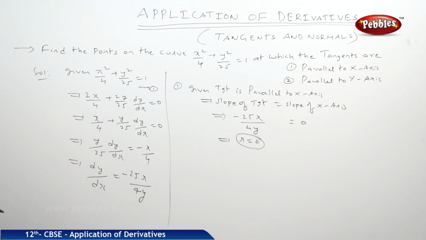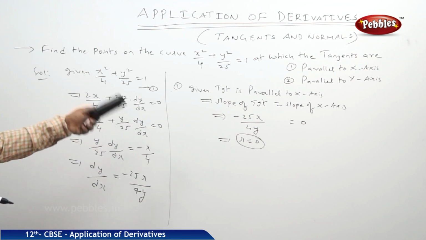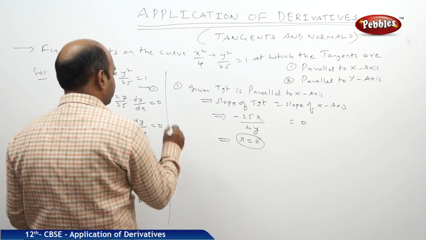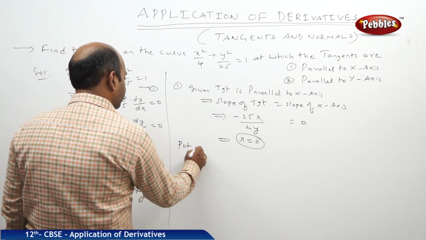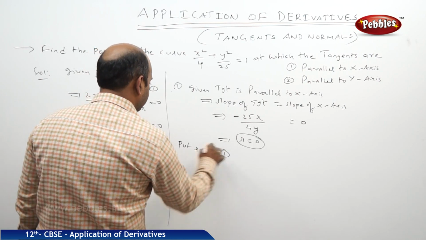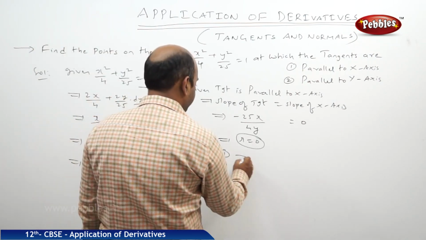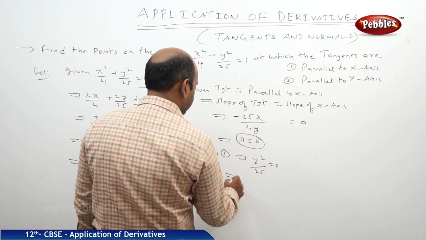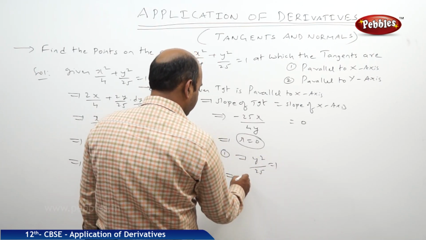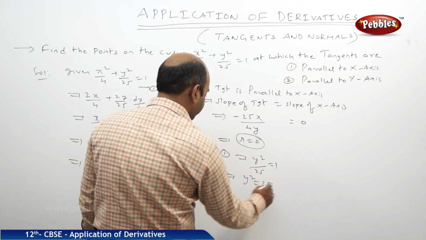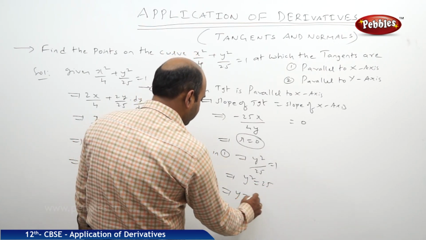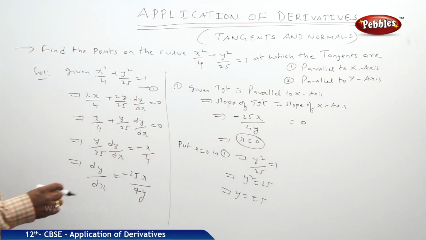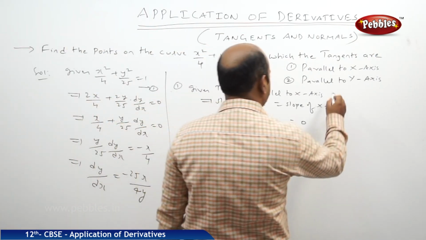Now I will be substituting x is equal to 0 in the given curve. Put x is equal to 0 in 1. If I put x is equal to 0, what happens? y square by 25 equal to 1. So y square is equal to 25. That implies y is equal to plus or minus 5.